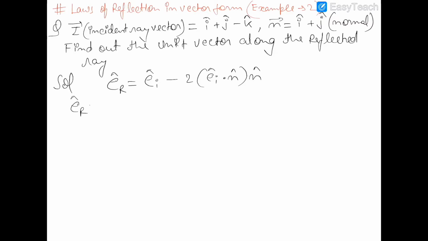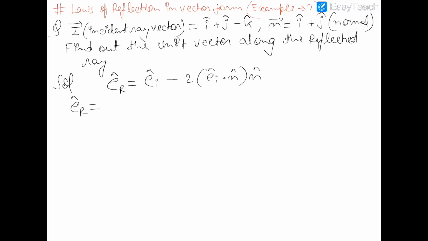So e_r cap, the reflected unit vector, will be equal to e_i cap, the unit vector along the incident ray. To calculate the unit vector along this ray, we have to divide it by its magnitude. Its magnitude is √3.